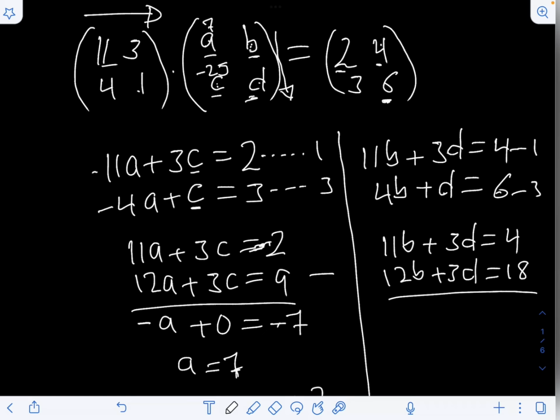Then subtract. This one will be negative B, because 11 minus 12 is negative 1. Negative 1 times B is just negative B, plus 0. Why 0? Because 3 minus 3 is just 0. Then is equal to 4 minus 18, which is negative 14.